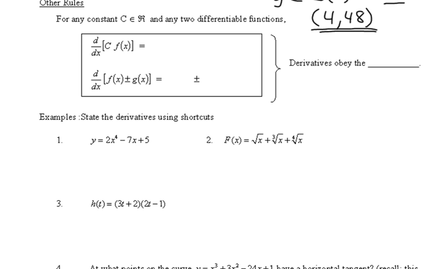So what that means is if you take the derivative of a constant times a function, taking the derivative distributes over this, and we are glad it does. So the derivative of a constant times a function is the constant times the derivative. You'll also be happy to know that taking the derivative over a sum and a difference also distributes.